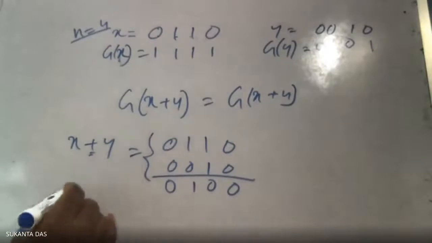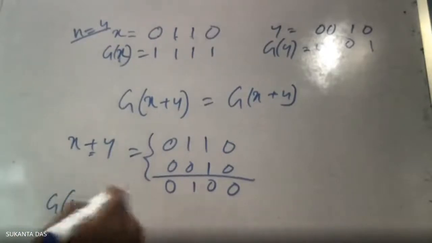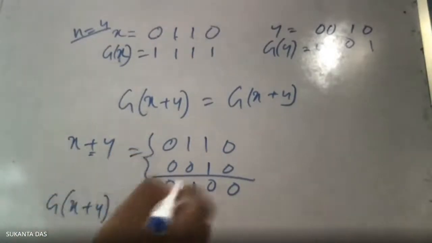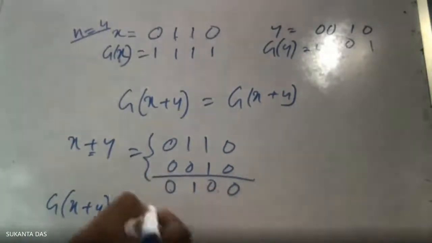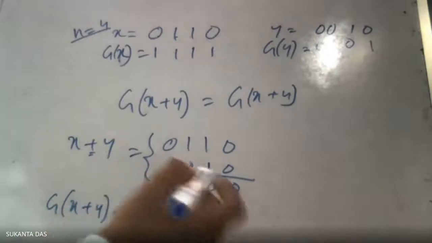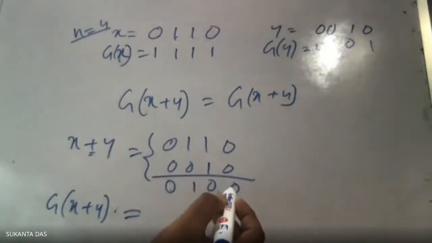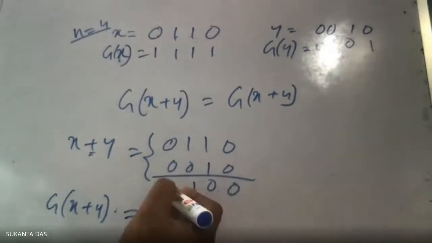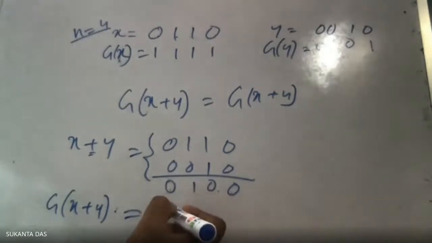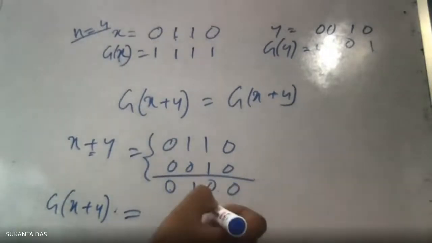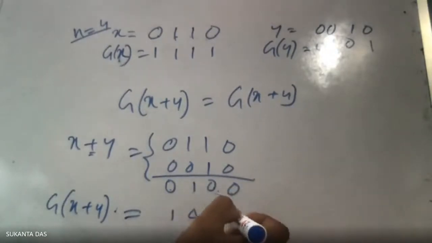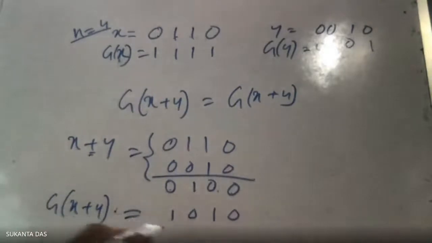Now g of x plus y is g of this one. It works out as 1 0 1 0. You can find it from the table also.